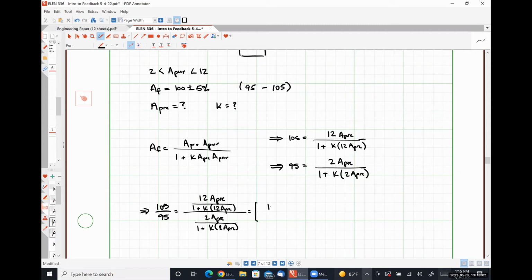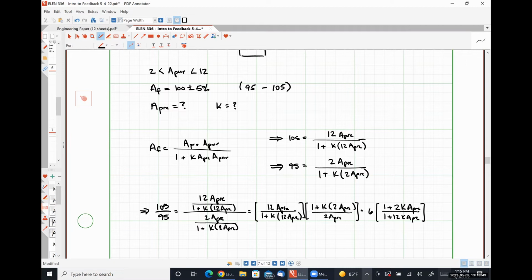So that's going to be 12 A pre over 1 plus K 12 A pre, multiplied by 1 plus K 2 A pre over 2 A pre, which just looks like 6 times 1 plus 2 Ka pre over 1 plus 12 Ka pre.